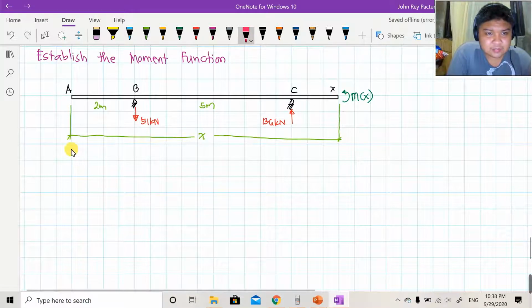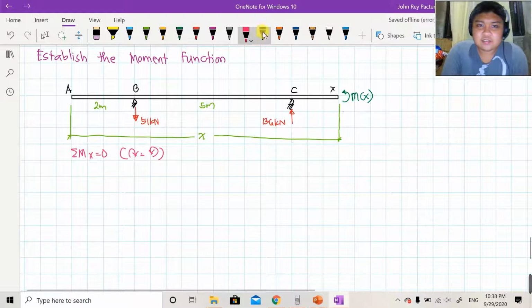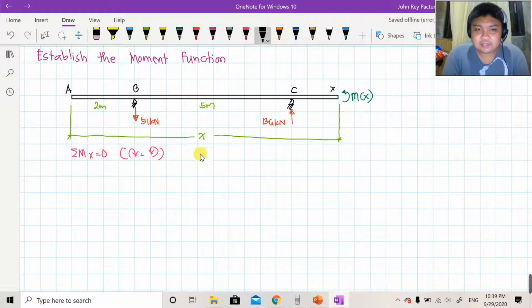Simulan na natin class. Summation forces, summation moment at X pala equals 0. Clockwise moment equals counterclockwise. So, ang clockwise moment lang natin dito class ay isa, yung 136 kilonewton. Kaya lang, yung moment arm niya is X minus 7.